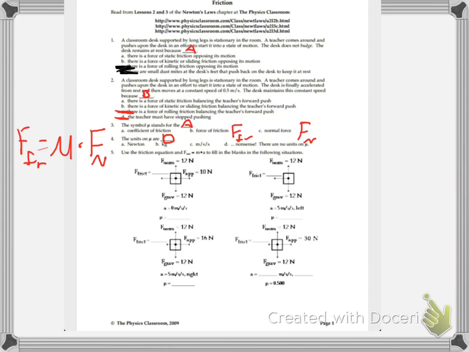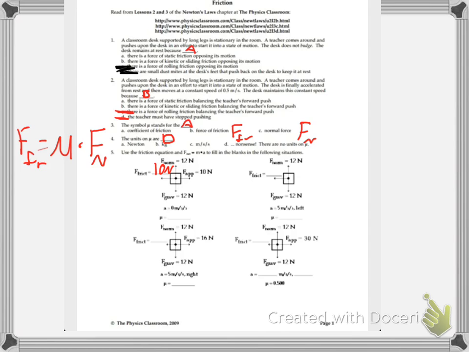So here we have an object that is not accelerating, so it has 0 meters per second squared for its acceleration. If the acceleration is 0, this means that it's at a constant velocity. So if we're at a constant velocity, that means that we know the friction force will be 10 newtons.